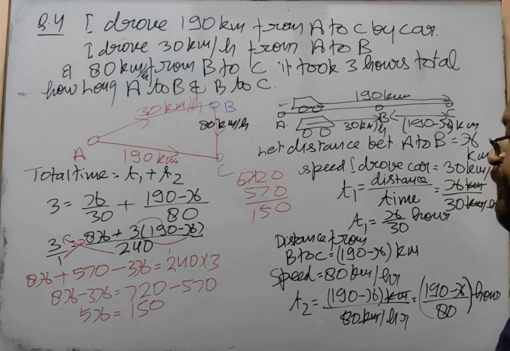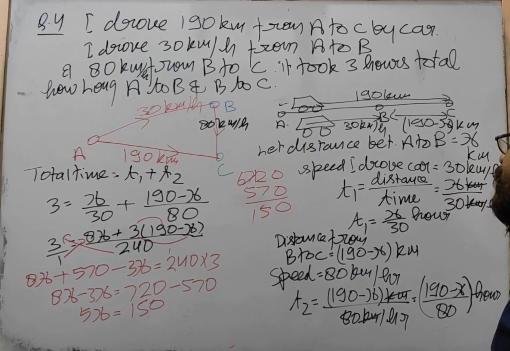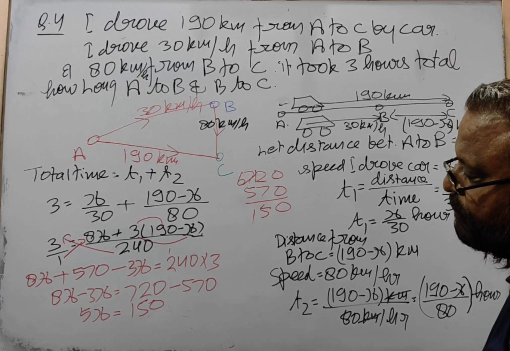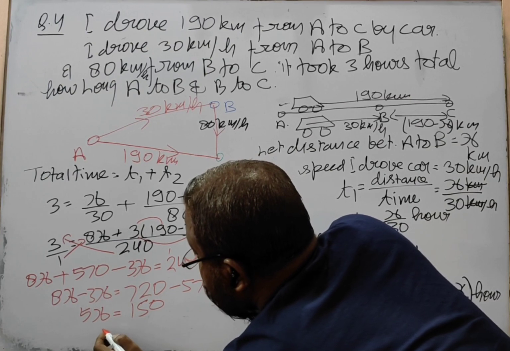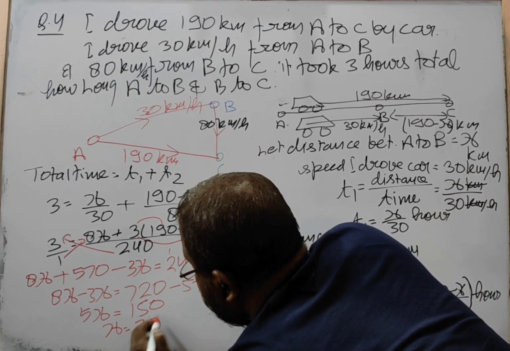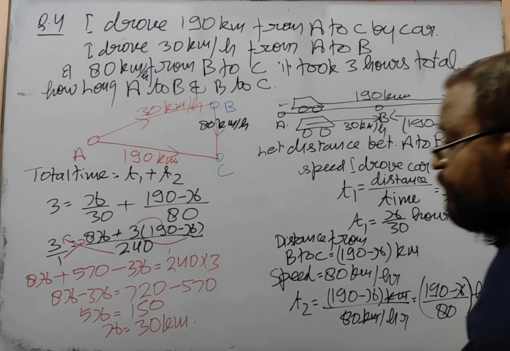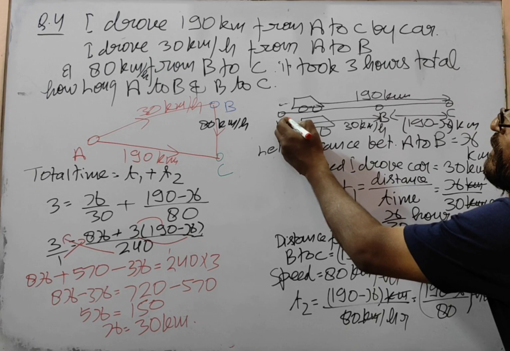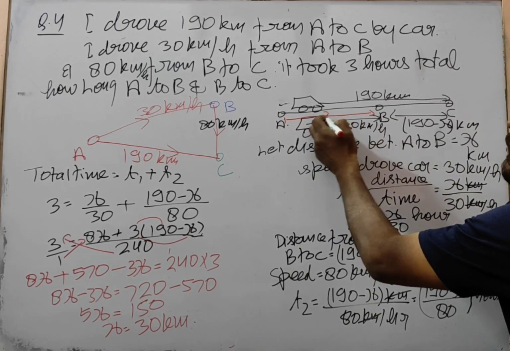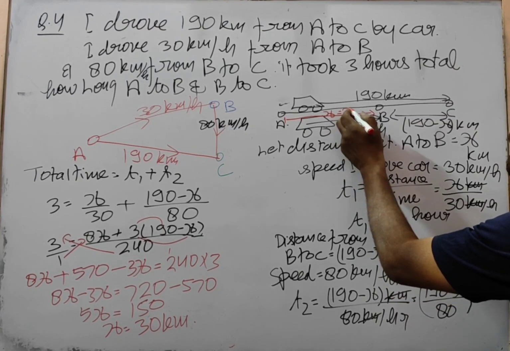So 5x is 150, and x we are getting as 30. So the distance between A to B, this distance from here to here, is x, and that is equal to 30 kilometers.